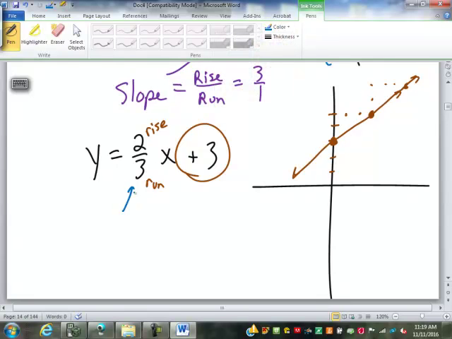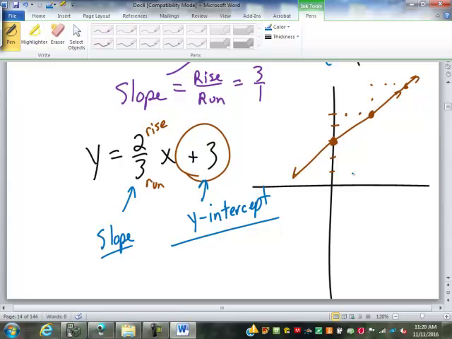So this is the slope. This starting point here is called the y-intercept. It's where the line intercepts, or intersects, if you prefer that word, the y-axis.